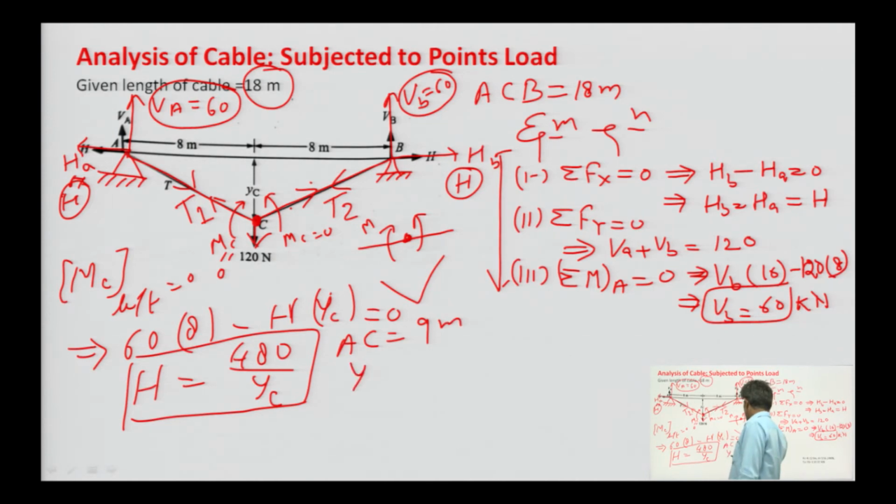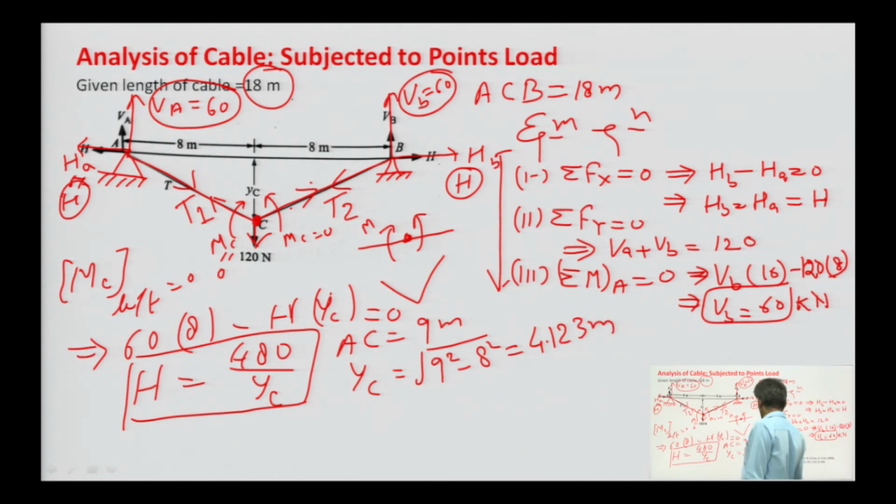Therefore, YC can be calculated as the square root of 9 squared minus 8 squared, and that comes to 4.123 meters. By putting this value, we get the value of H as 116.24 kilonewton. That is the value of the horizontal thrust.